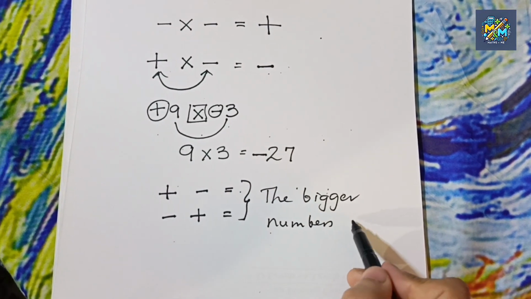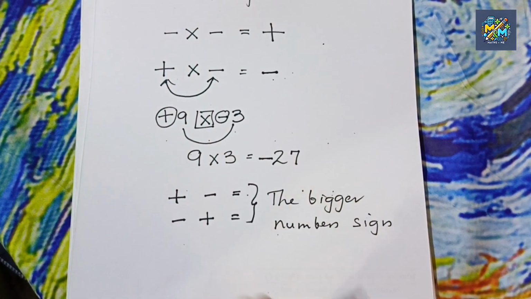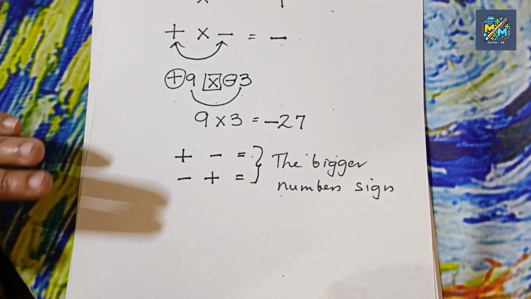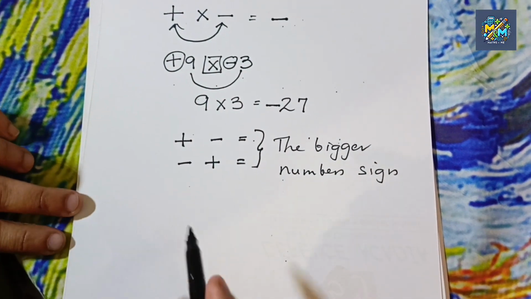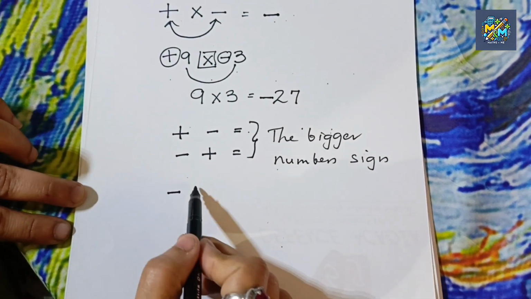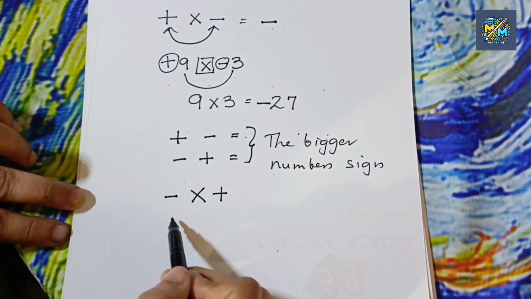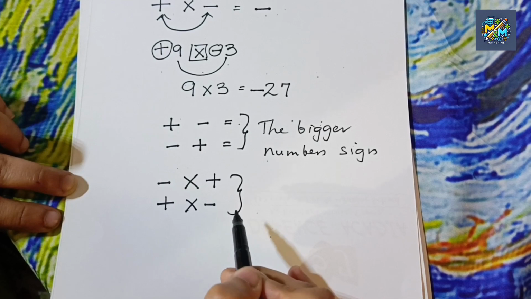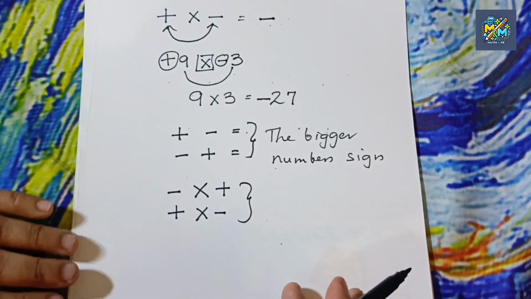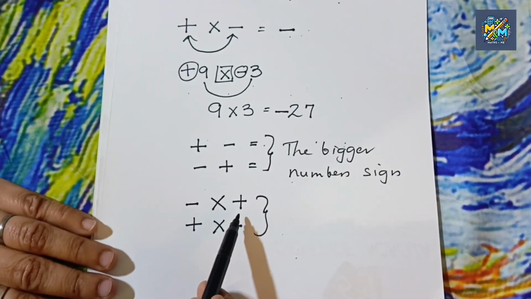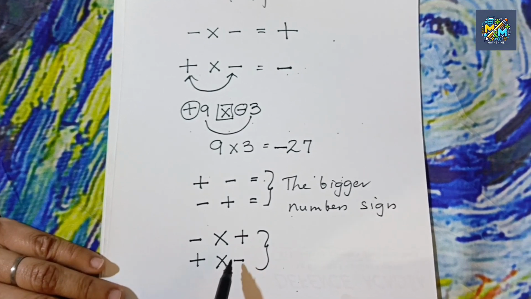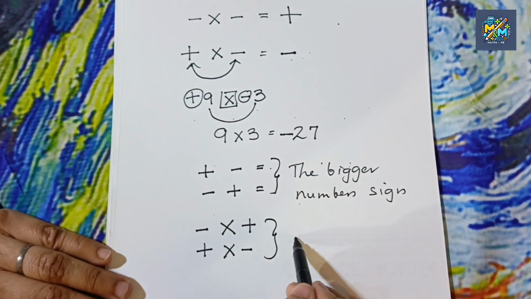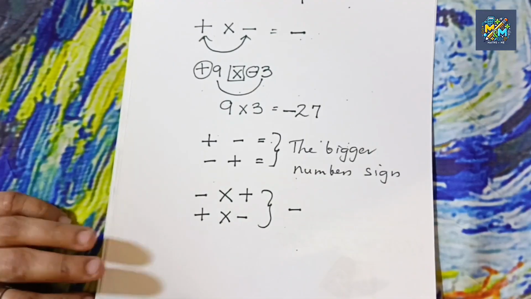You have to remember this. But whenever we are talking about multiplication with two opposite signs, minus multiplied by plus and plus multiplied by minus, in this case, even though the bigger number is having a positive sign, that doesn't matter. You always have to write the answer with the negative sign.